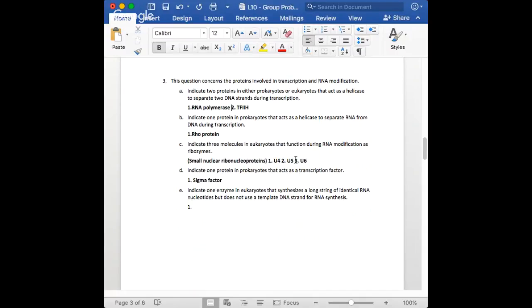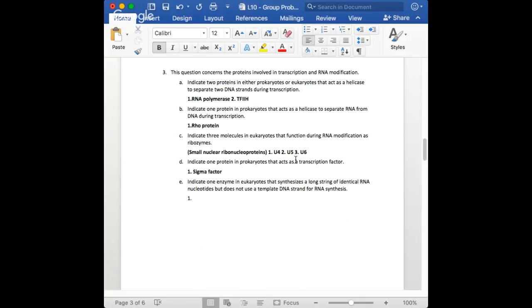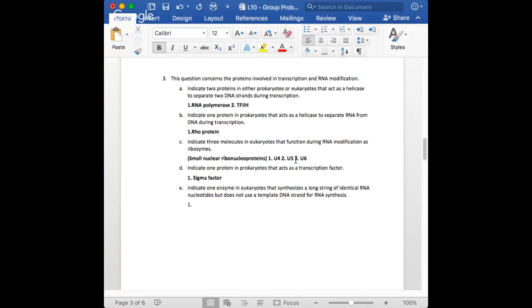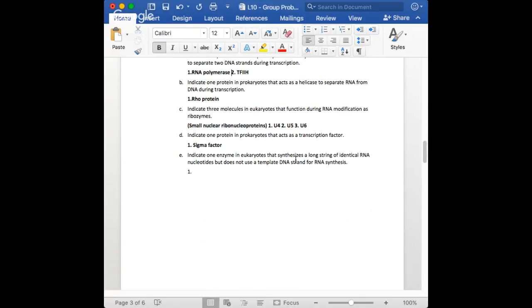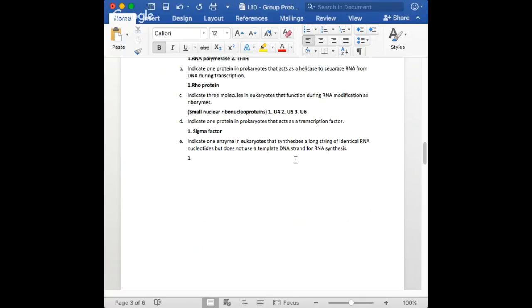A protein in prokaryotes that acts as the helicase to separate RNA from DNA during transcription would be Rho protein. 3 molecules in eukaryotes that function during RNA modification as ribozymes would be group 1 introns, guanosine nucleoside, and small nuclear ribonucleoproteins, or SNRNPs. And a protein in prokaryotes that acts as a transcription factor would be the sigma factor.